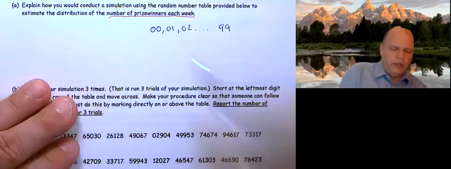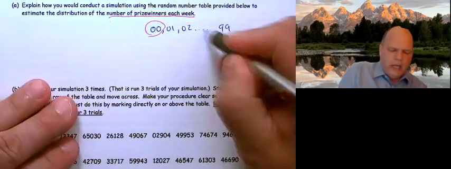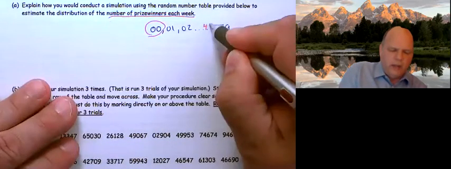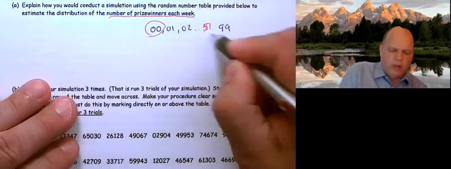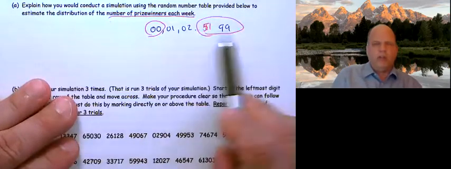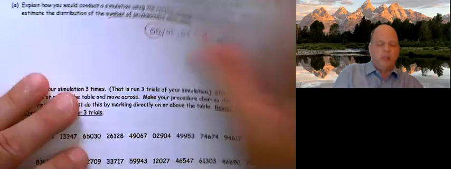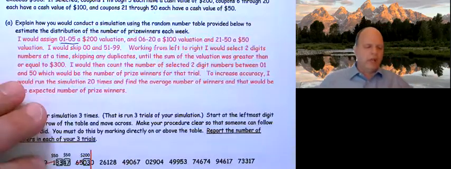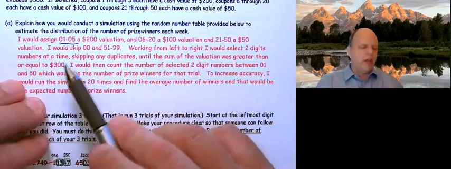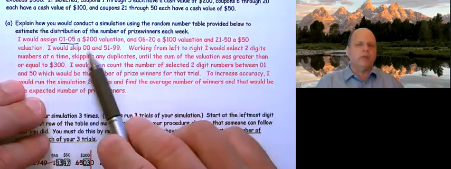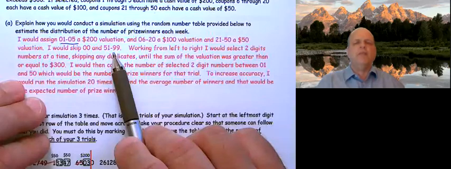I didn't assign 00, and I didn't assign anything above 50. So 51 to 99 and 00 are skips. That means they're nothing. They don't count. They're not prize winners. So we need to say that. I would skip 00 and 51 to 99.